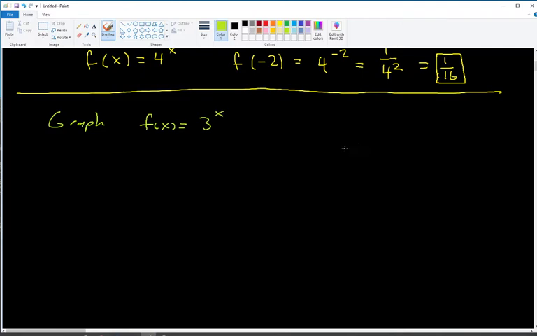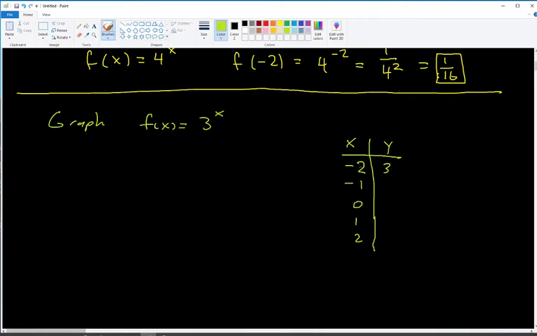When you want to graph these, I think the easiest way is to let x equal -2, -1, 0, 1, and 2, and then your y values will be 3 to the x power that you chose. I'm just choosing these 5 points because they're easy to work with.